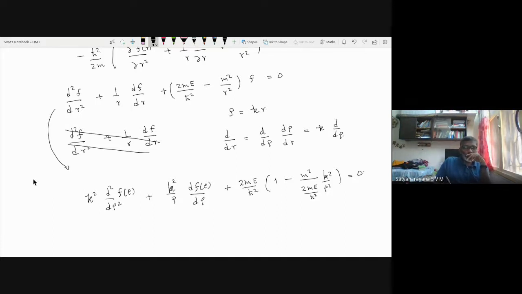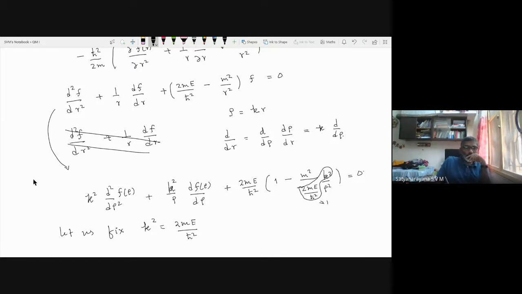The k is something that requires to be fixed. So let us fix k by setting this factor equal to 1. By setting k square is equal to twice mE by h bar square.